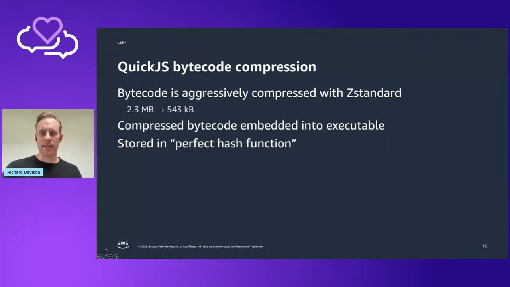Wouldn't that mitigate the whole cold start time? The thing with compression here is that Zstandard is such an efficient compression algorithm, so it's actually worth compressing and reducing the size of the artifact. That takes actually less time than doing the decompression.